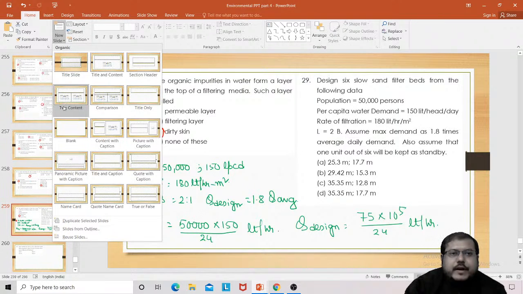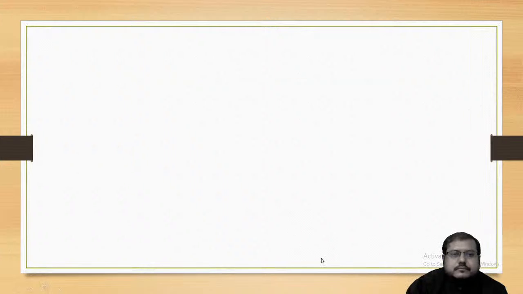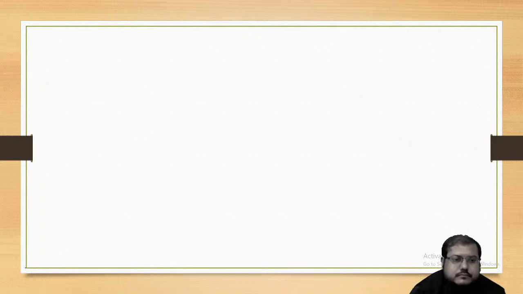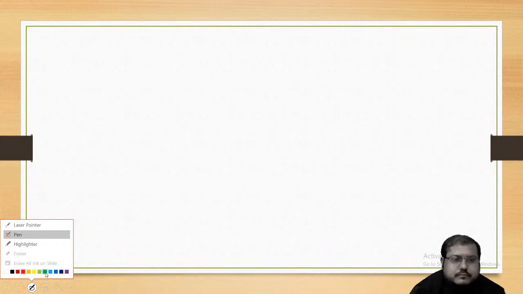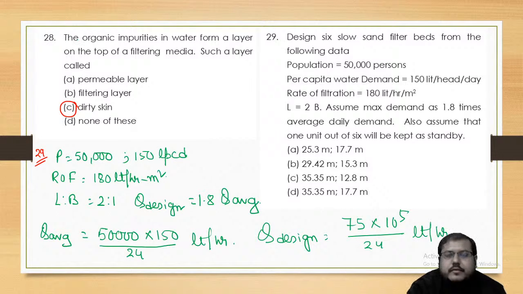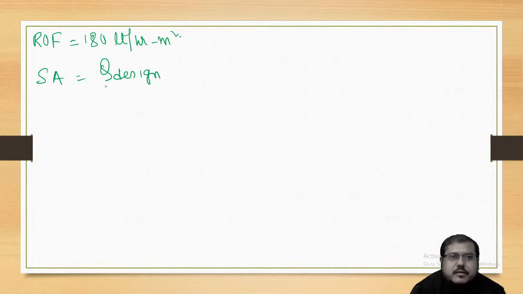ROF is provided here as 180 liter per hour per meter square. So from here you can go for surface area, which will be Q design by ROF.